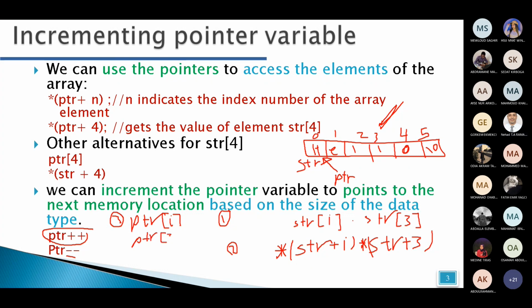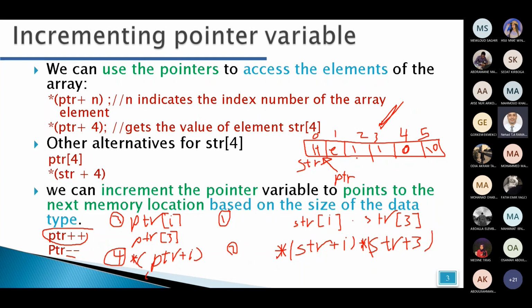So we can use the pointer as we use the array, the same, because now the pointer points to the first element of the array; the name of the array is a pointer to the first element of the array. Fourth way, ptr as a pointer. So ptr plus the index, and we have a star outside.